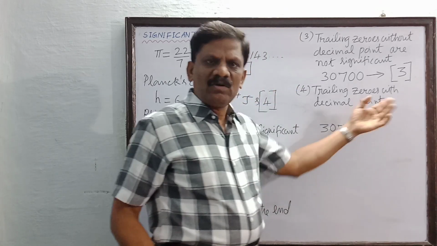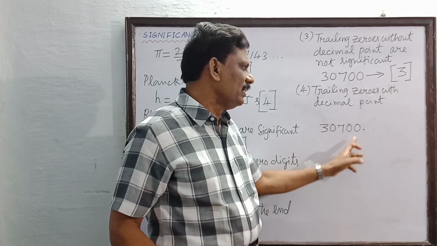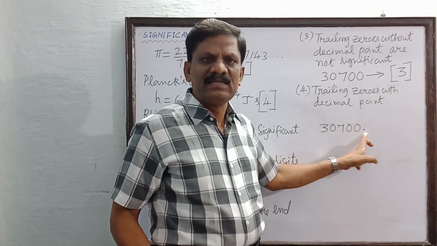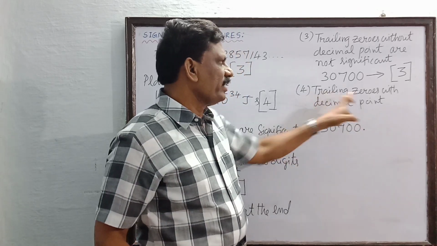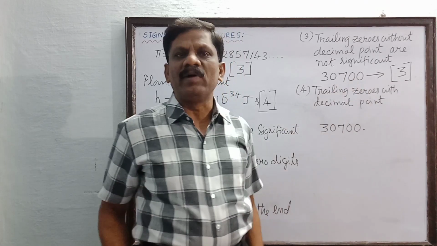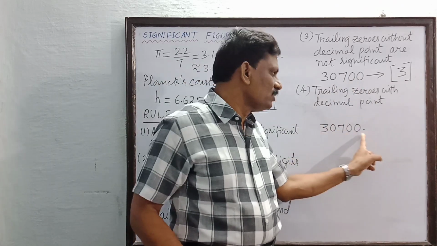So 0.0 may be there or 0.1 may be there, but trailing zeros means after the zeros, one decimal is appearing, and after that no number should be there, is it not? So this is trailing zeros with decimal point, meaning now beyond these ending zeros there is one decimal.